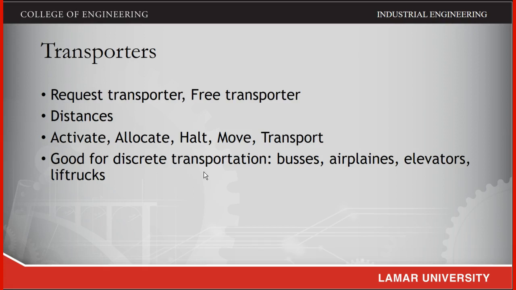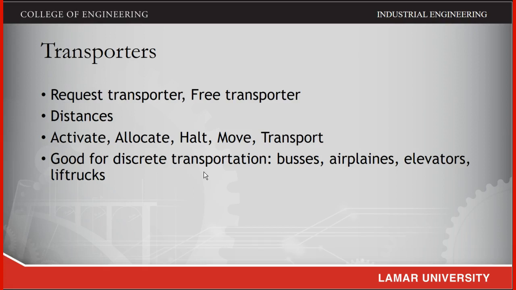The additional concept about distances that is very important is that we should consider the distances not only for the traveling path for the entities, but we should consider the distances for the traveling path of the transporters even when they are empty. The simulation package will not by itself compute a default distance if it's not specified.